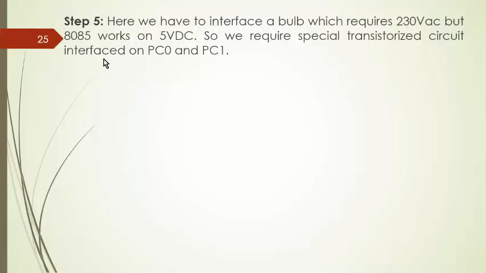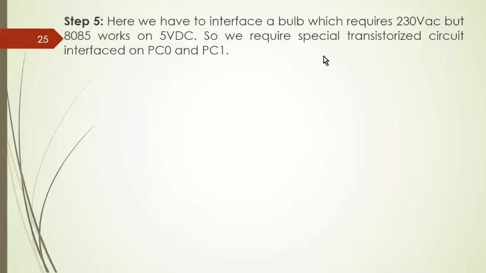Next step, so here we have to interface a bulb whose operating voltage is 230 volt AC, but as we know, the 8255 and 8085 are working on 5 volt DC.